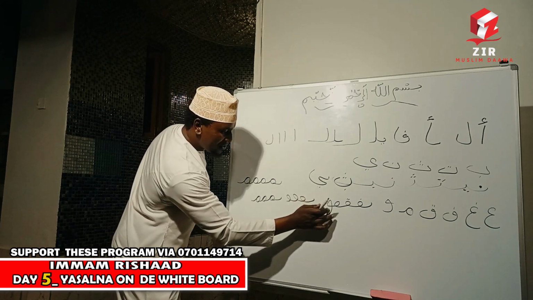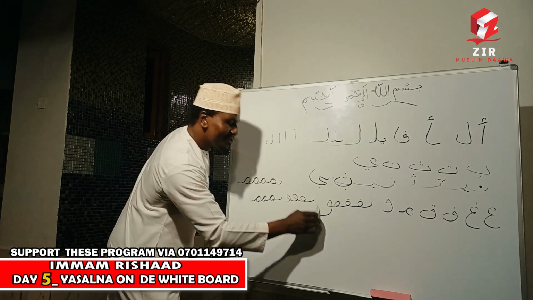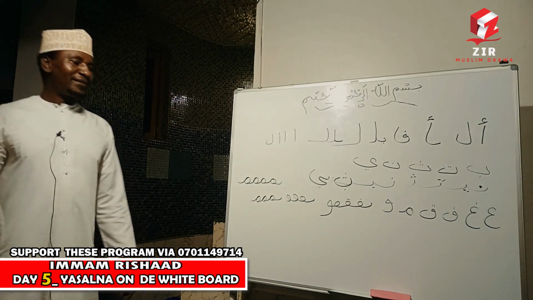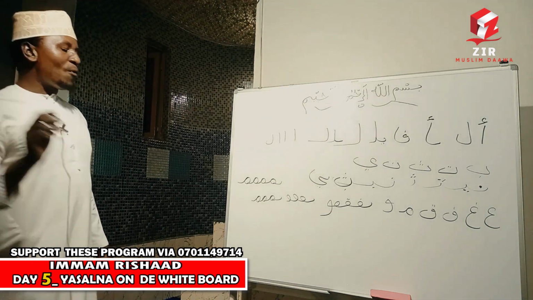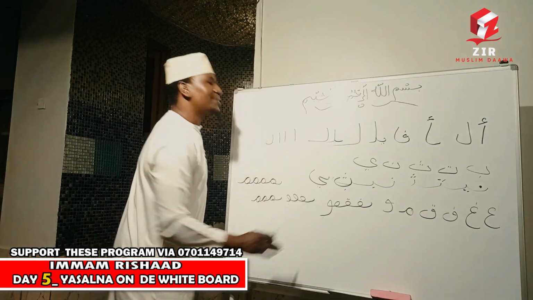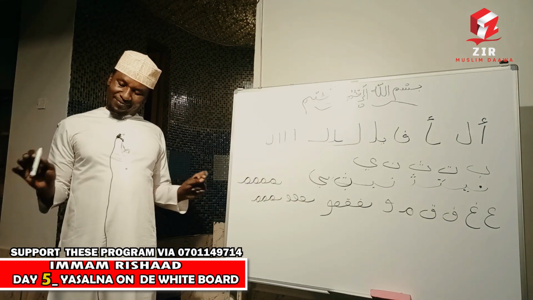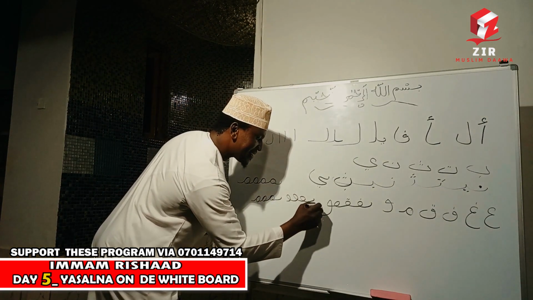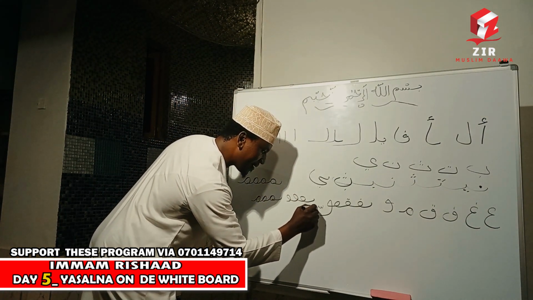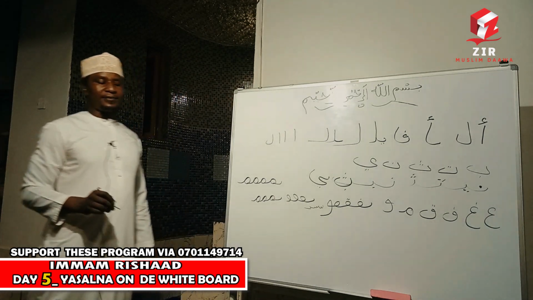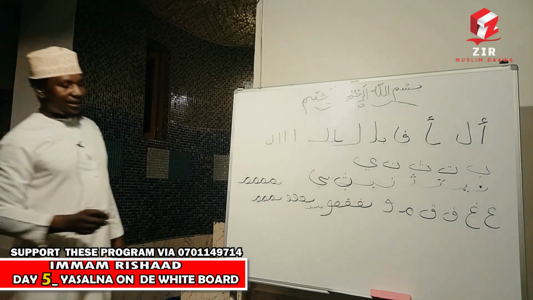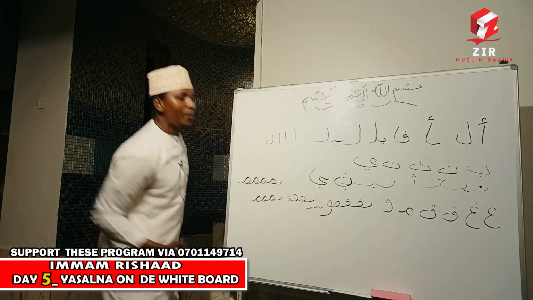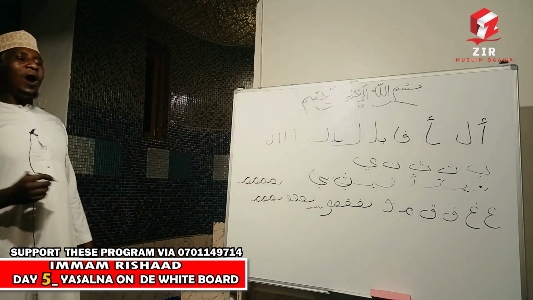But in front of it, it must not be joined with any other letter. Where waw is, it must be the last one. If the word is still going, then another letter will start from here. The zero will look the same, but this thing down will go to represent waw.